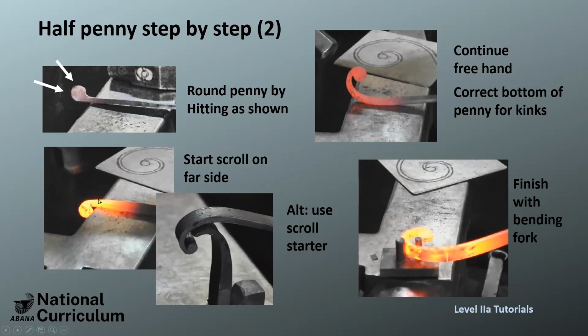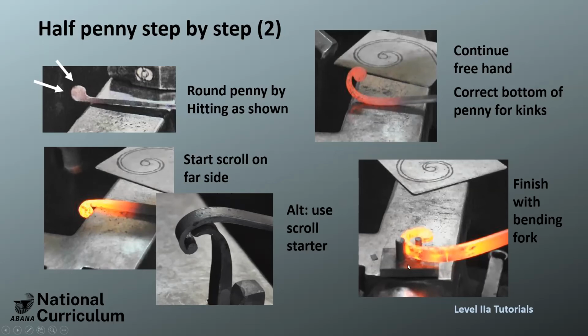After you got the first curl in here, you turn it over, put it on the flat face of the anvil, hit from the back side, hit to the top. I made me a little sheet here that was just for the video, because then I didn't need to go back and forth between my anvil and the table. I could show how I go closer and closer to what I finally want to achieve.